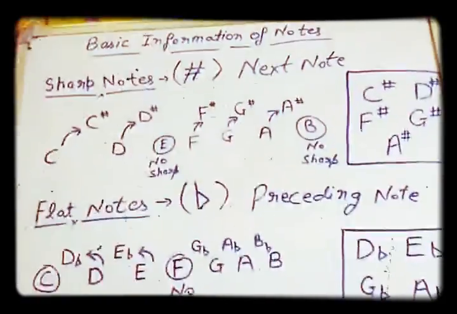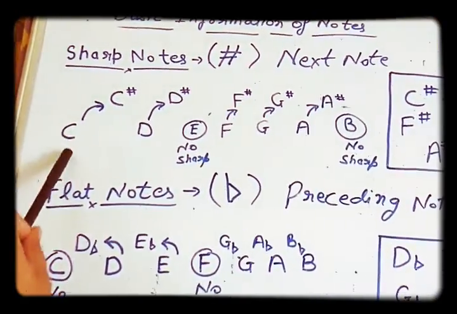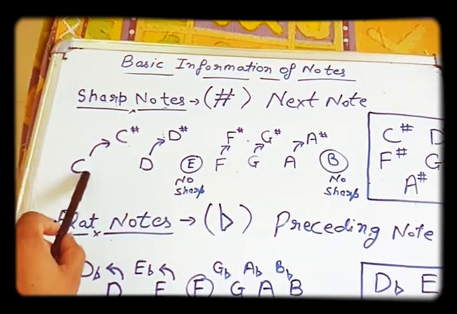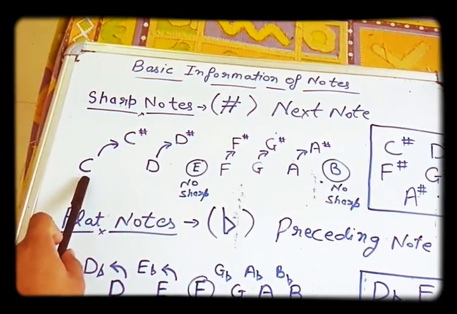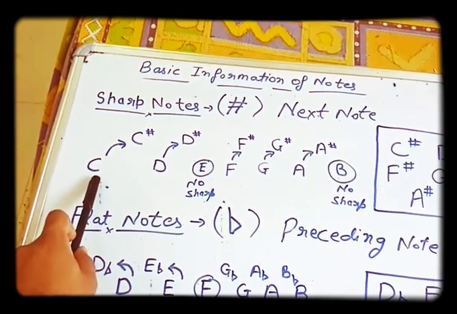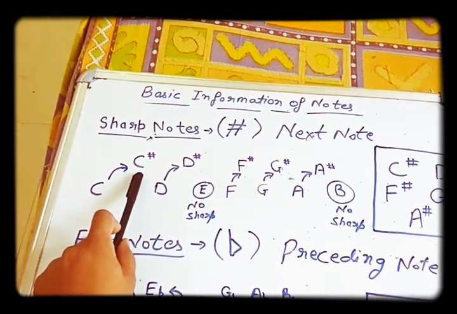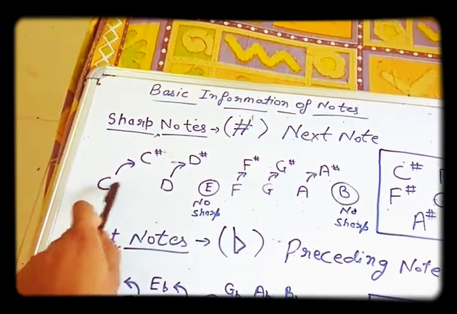So here you can see, from C to C sharp, that means the next note. A sharp note means the next note from the previous one. That is why, if we take the example of C sharp, the C sharp note comes directly after the C note.